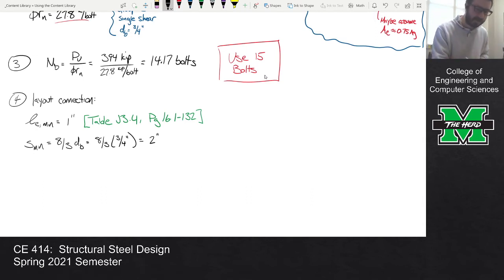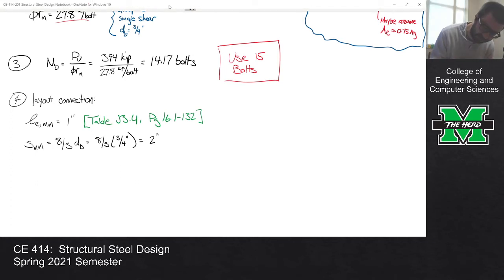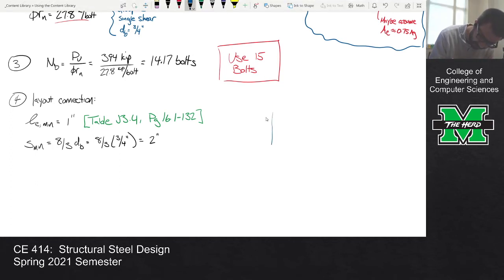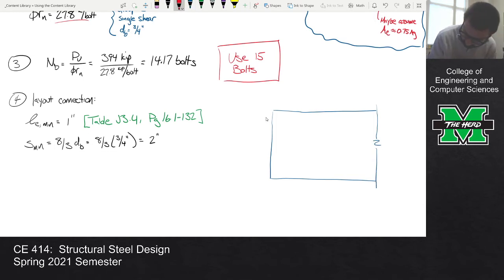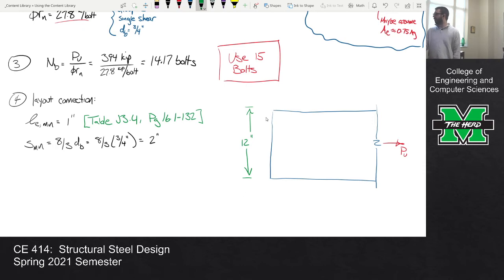So here's how I'm going to do this. Let's test this out. We're yanking on the connection like this, okay? Now, we were told that the plate is 12 inches wide. So let's see.